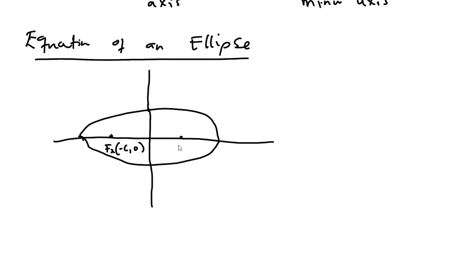Then we have another one here with (c, 0) because it's at the positive side. Now the vertices, let's name it (a, 0), and at the negative side we have (-a, 0). Then we have the co-vertices (0, b), then also (0, -b).